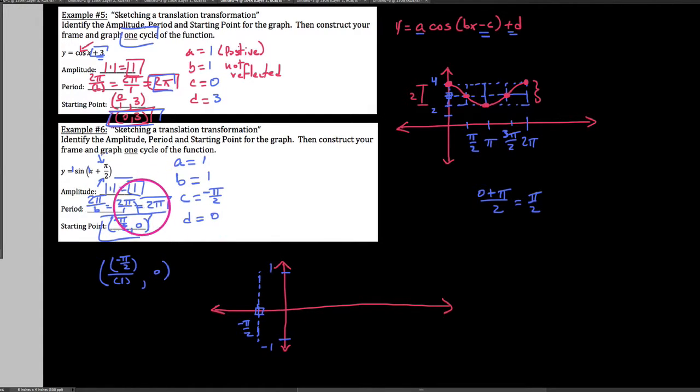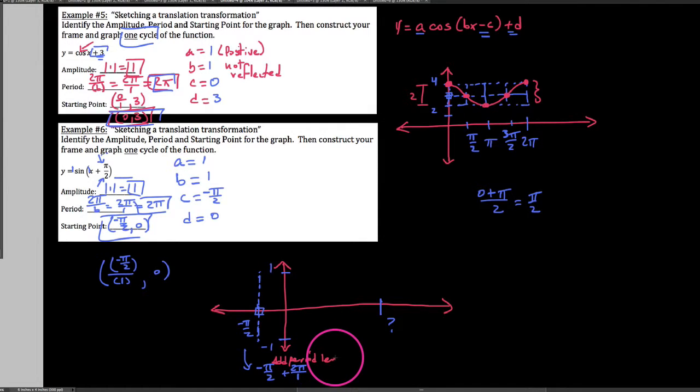Now also, because we have the height here, we need the length, and the length of this is 2 pi. So here's how this is going to work. We need to stop somewhere over here, but we don't know what this measurement is. We just know that it's 2 pi beyond negative pi halves. So we're going to take this measurement here, negative pi halves, and add 2 pi onto it, or add on the length of one period.